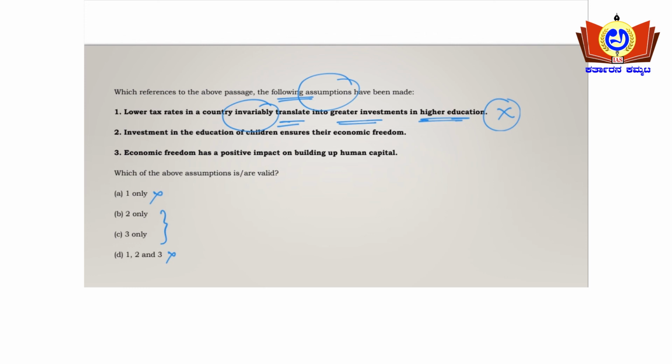This can be a more preferable assumption than the second statement. When you compare statement 2 and statement 3, statement 3 holds better than statement 2 here. Hence you need to opt for statement 3, so option C is the right answer here.